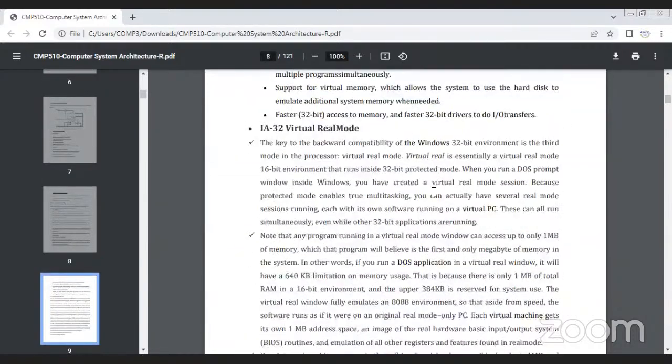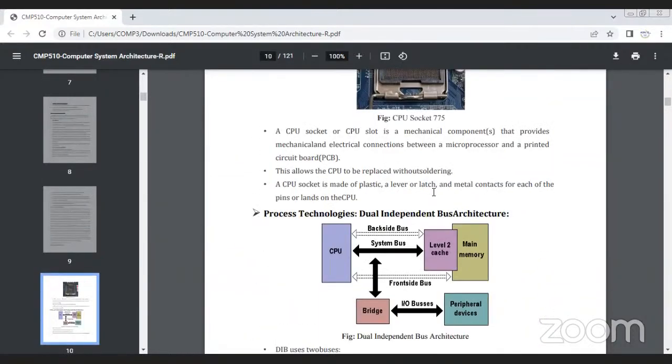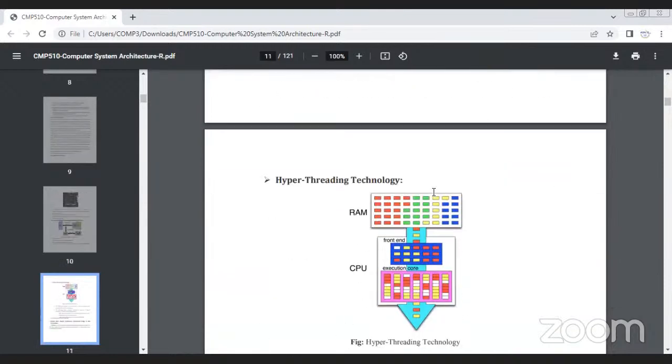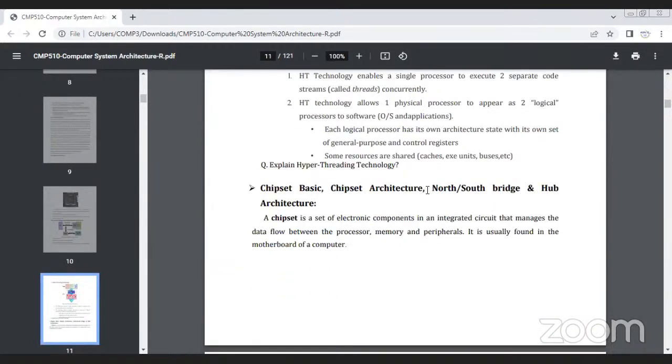Now the next part is the chipset. Basic chipset architecture: north and south bridge and hub architecture. Then what is a chipset? A chipset is a set of electronic components in an integrated circuit that manages the data flow between the processor, memory, and peripherals.